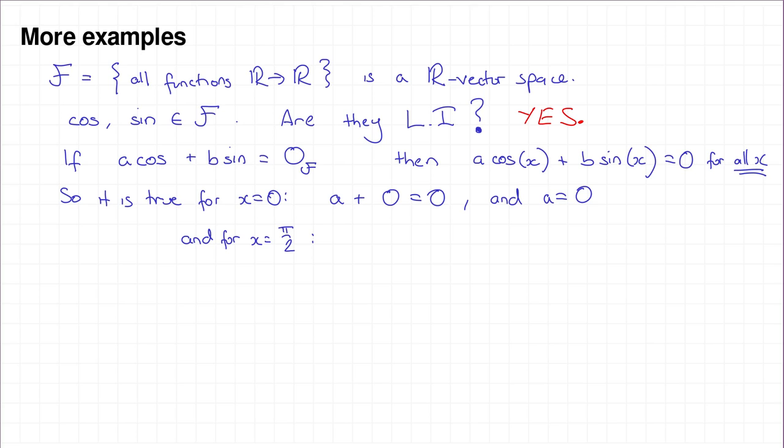I had to think about that for a moment. So actually we know a equals 0 anyway, so the cosine term is going to give us nothing. And sine pi over 2 is equal to 1. So b times sine pi over 2 is equal to b. Again, that's equal to 0.